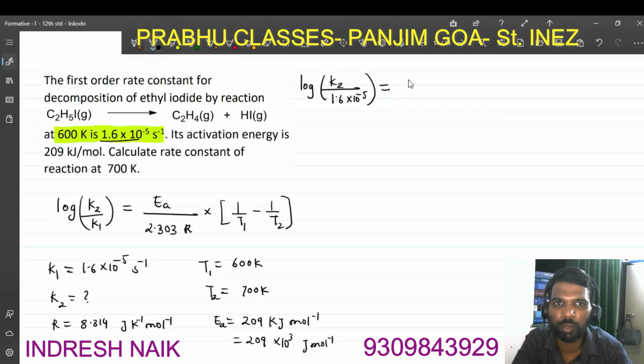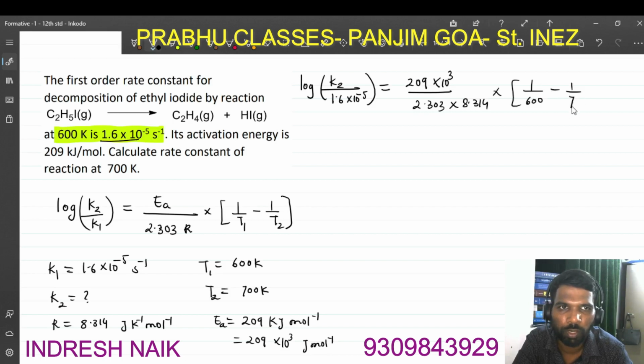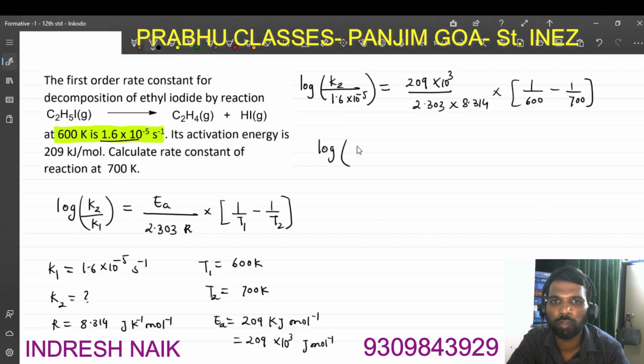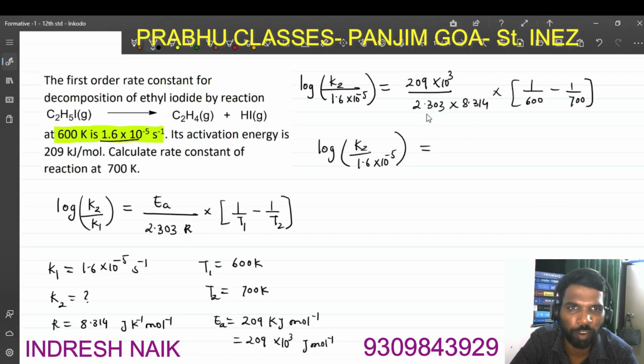Ea is 209 into 10 raised to power 3, divided by 2.303 into R, which is 8.314, and this is 1 upon T1, 600, minus 1 upon 700 Kelvin. How to solve this? Keep this as it is. First we'll find this value.